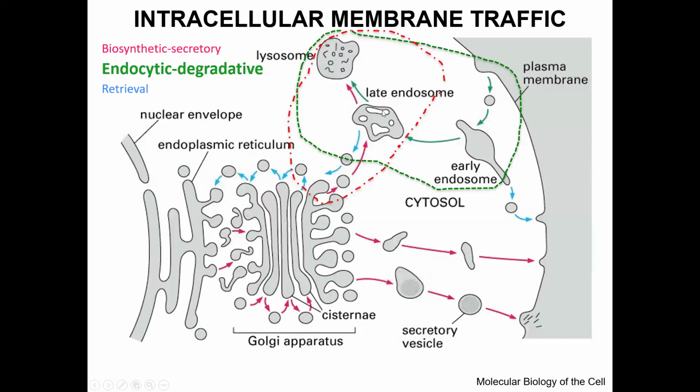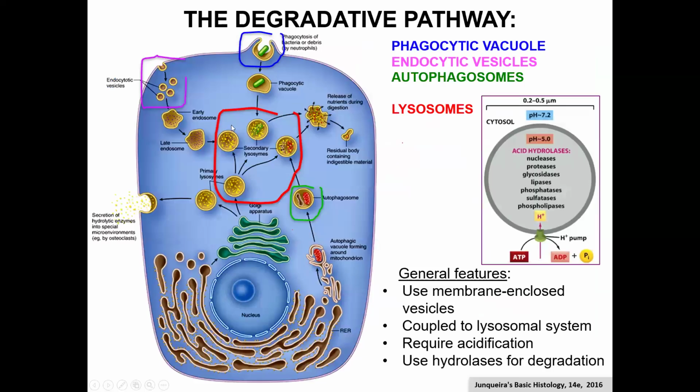And this is the endocytic degradative pathway, shown here in green. This pathway mostly starts at the cell periphery and internalizes material from the extracellular medium, or it may start inside the cell.